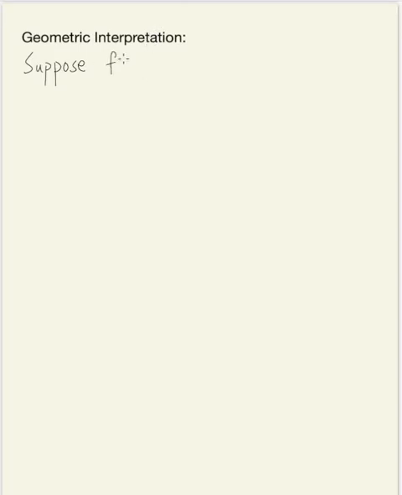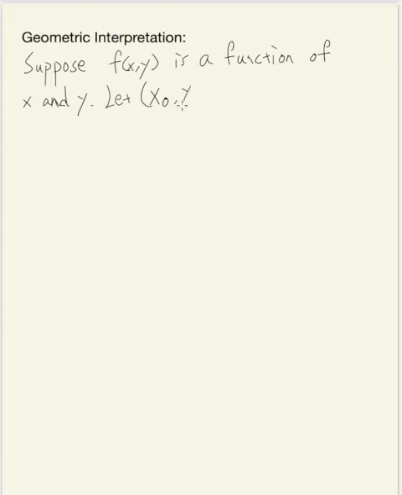So first, suppose f is a function of x and y, and we pick a point called x naught, y naught.